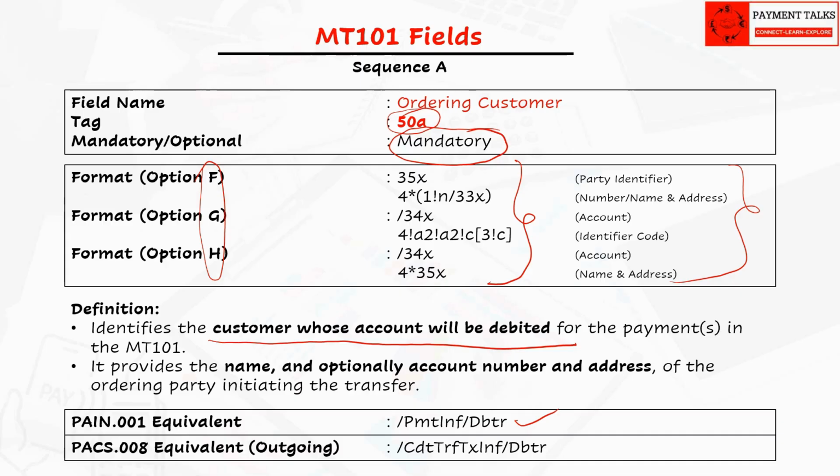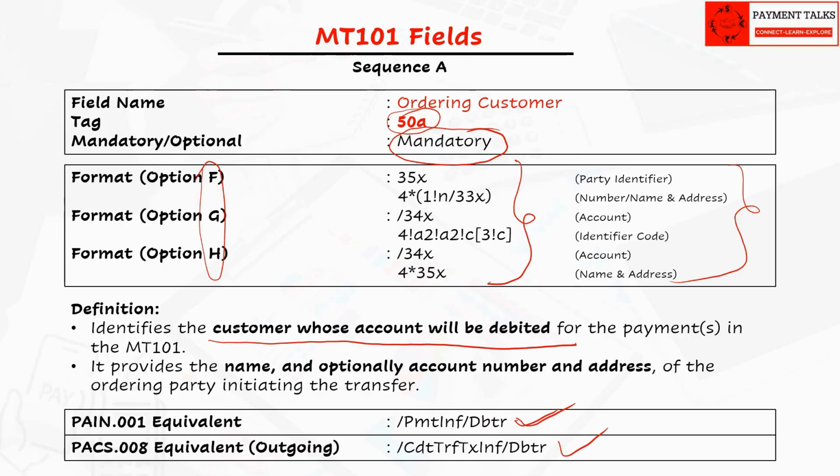For now, just remember the data from this field, whatever is the letter option, will be mapped to debtor section of ISO. The PAIN.001 equivalent field is debtor itself under payment info section.